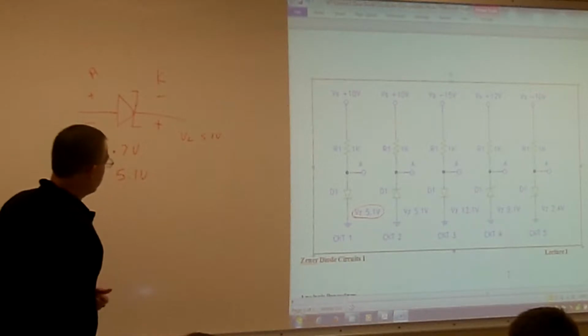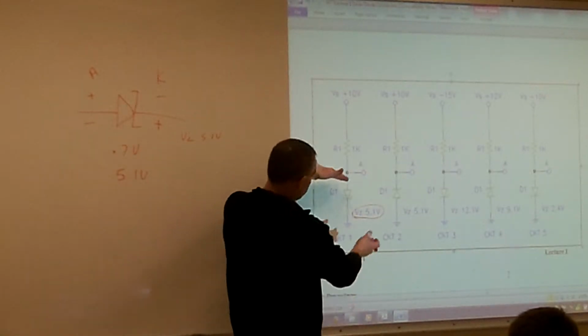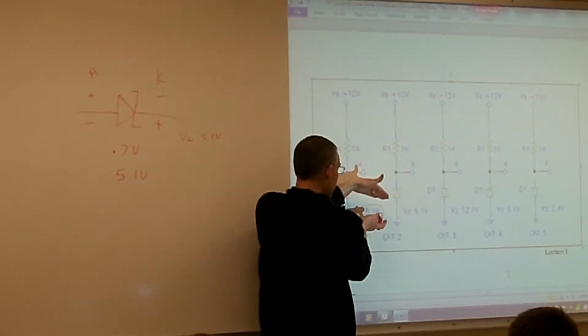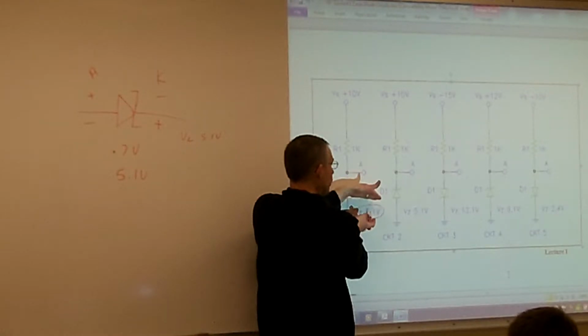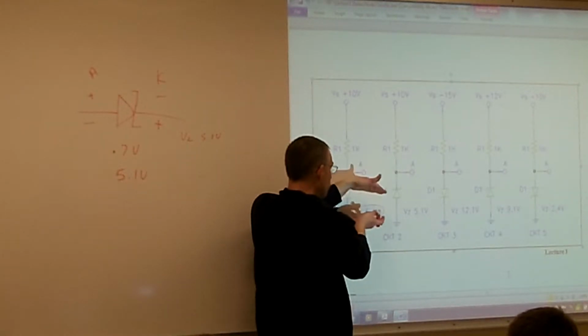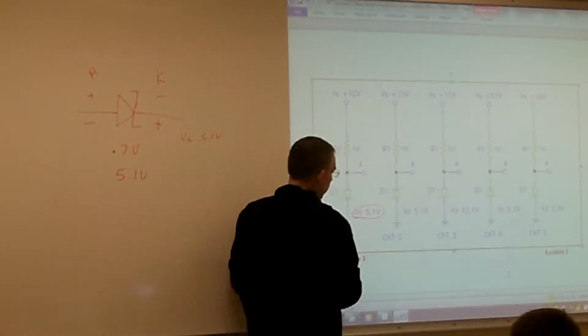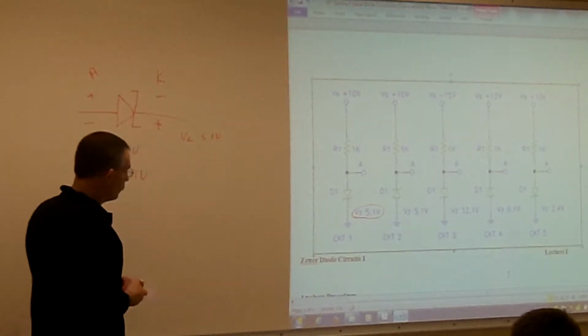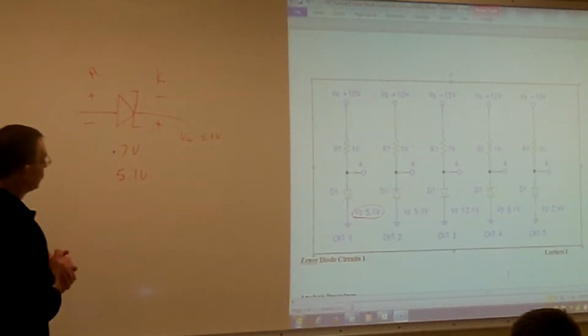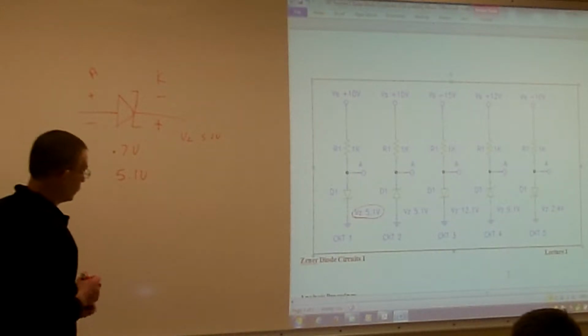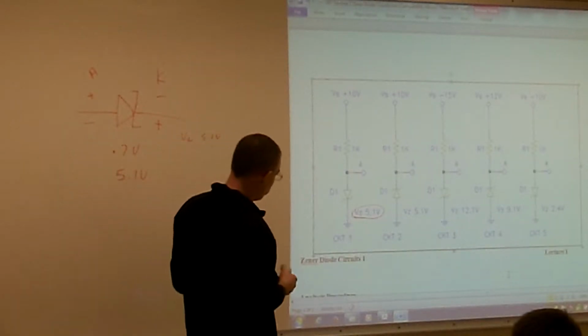Because they're so consistent, as long as I have a voltage potential greater than 5.1 volts, it's going to maintain that 5.1 volts. So they're ideal components for setting up reference voltages.